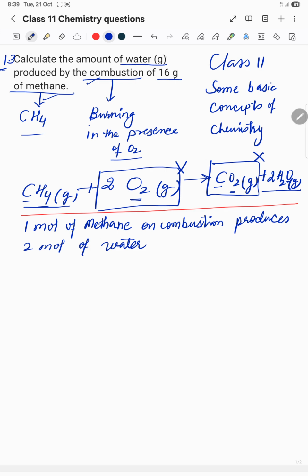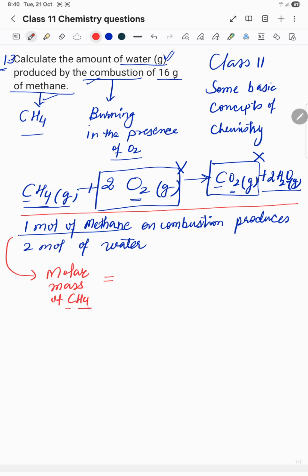But the amount is asked in grams. It is not asked in moles. So we will convert each mole into grams. 1 mole of methane is actually going to give you the molar mass of methane. If you remember from the previous questions, the molar mass of methane comes out to be equal to the total mass of each atom. So there is 1 carbon and 4 hydrogens.